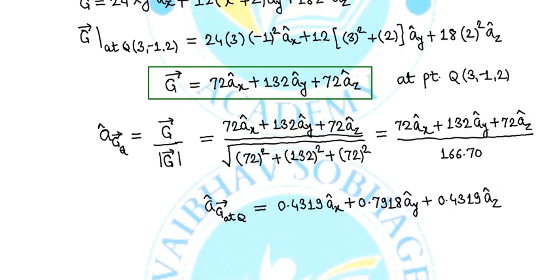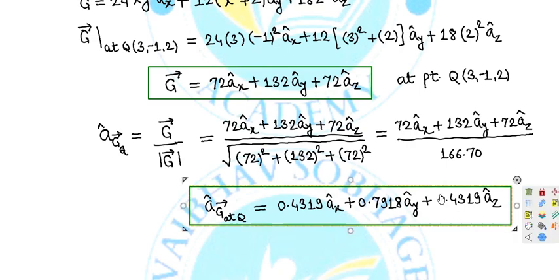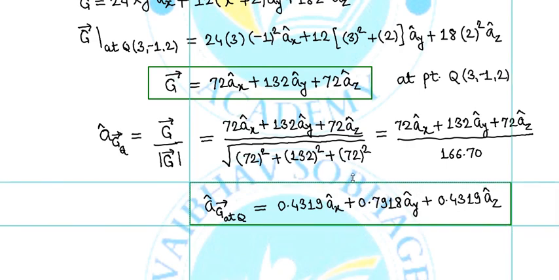So this is your unit vector along vector G at point Q. This is the answer for the second part of the numerical.